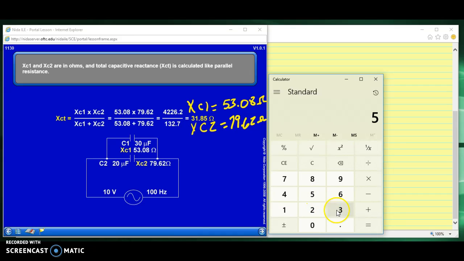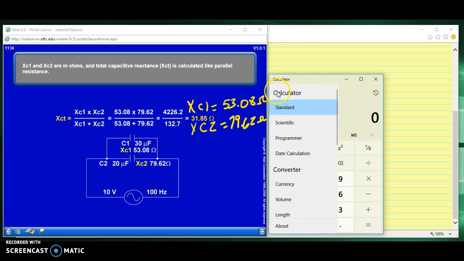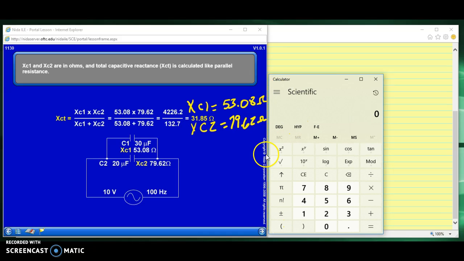So, let's do 53. Actually, I'm going to change to a scientific before we even get started. So I'm going to need the parentheses to be able to do the stuff on the bottom. So I'm going to say 53.08 times 79.62, and I'm going to hit equals. So that's these two multiplied together, and that's where they got this value.